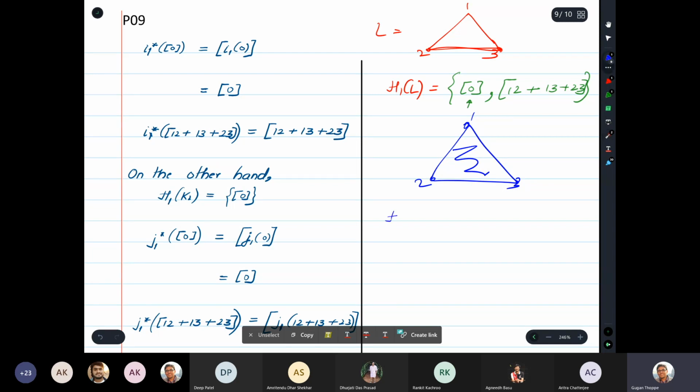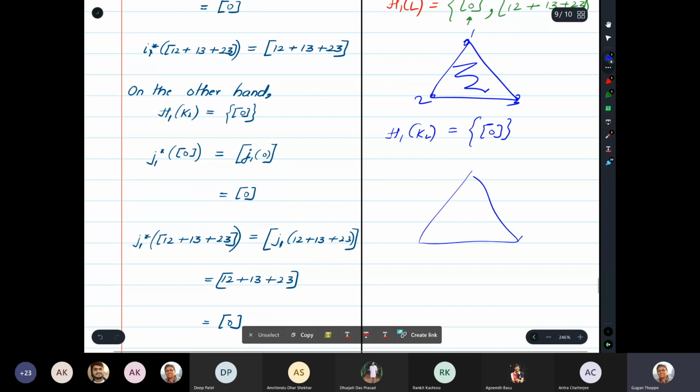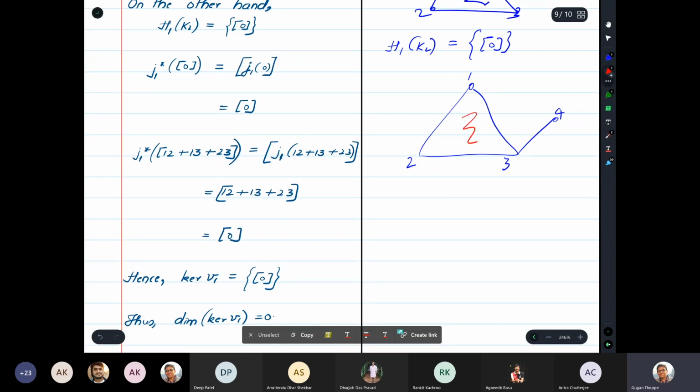So because of this reason, H1 of K2 will only include the trivial element. And now lastly, let's look at what is H1 of K1. So H1 of K1 is this. So this is 1, 2, 3, 4. Again, there is one cycle over here. Because of this reason, H1 of K1 will also include the trivial element and the element that corresponds to 1 2, 1 3 and 2 3. Is this okay? So this is what we have.